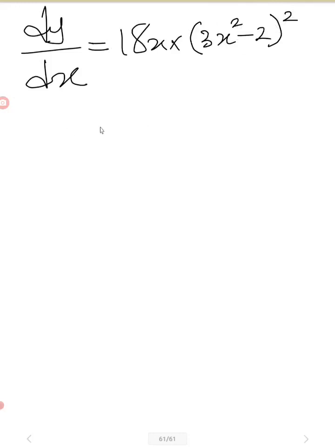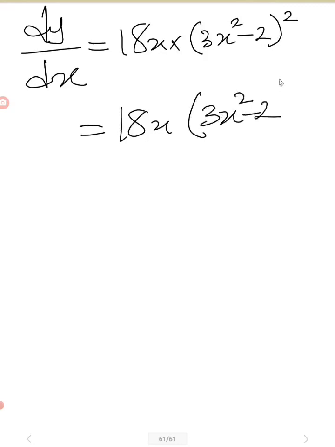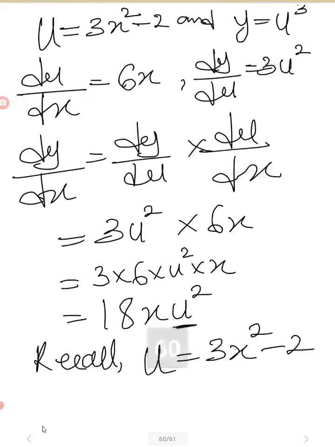That's just it. So therefore we have 18x(3x squared minus 2) all squared. That is all. That is what we call a function inside a function.